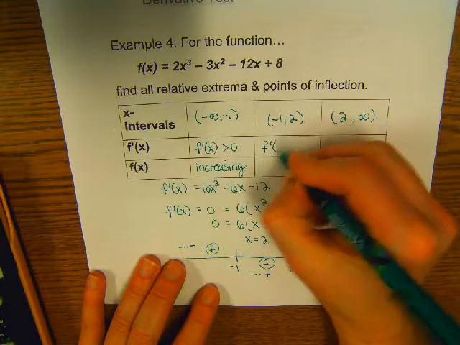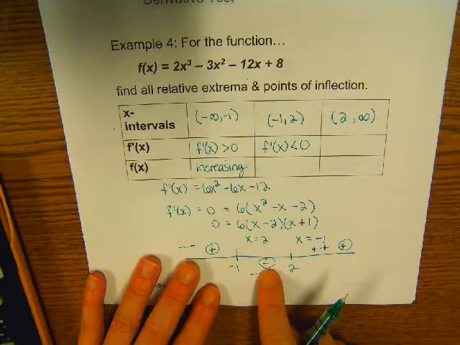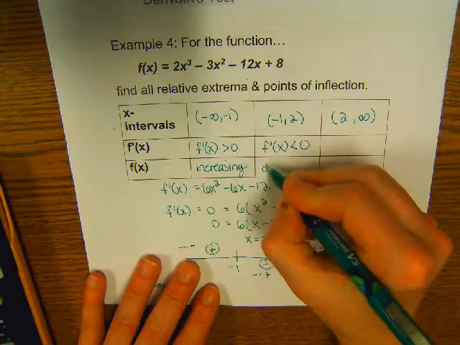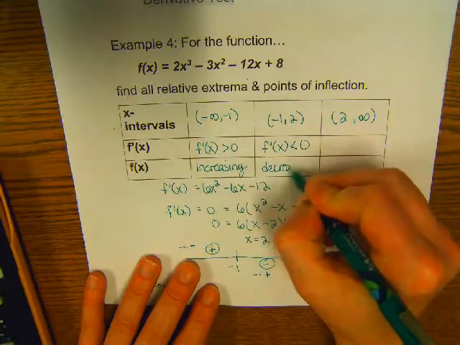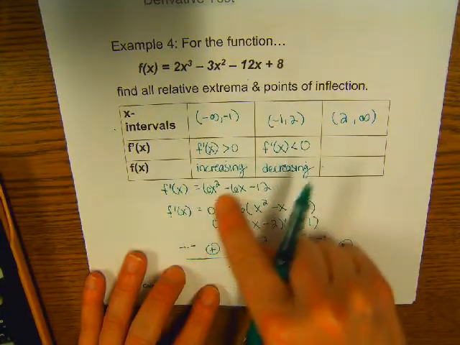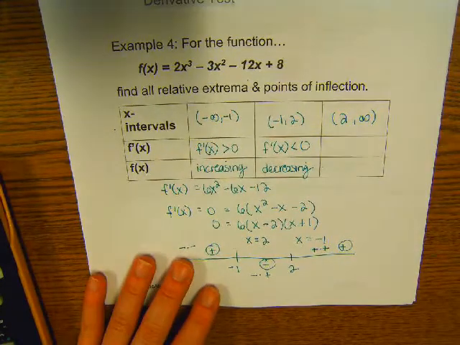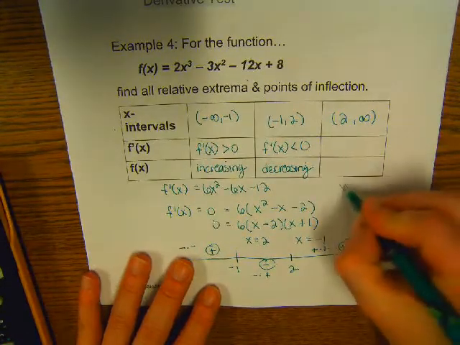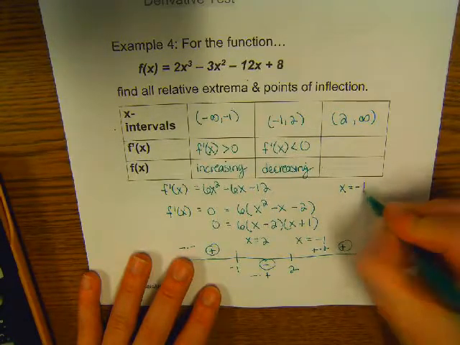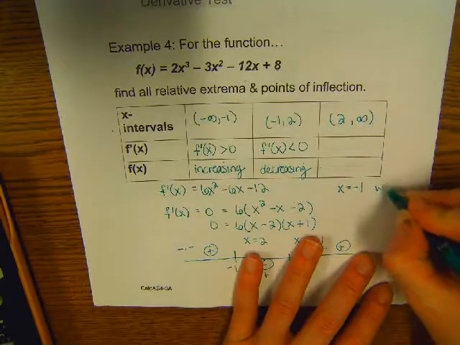If the derivative is less than 0 or negative, it switches to decreasing. Okay, so let's think, guys. If the function switches from increasing to decreasing, what has occurred at x equals -1? That makes x equals -1 a maximum.